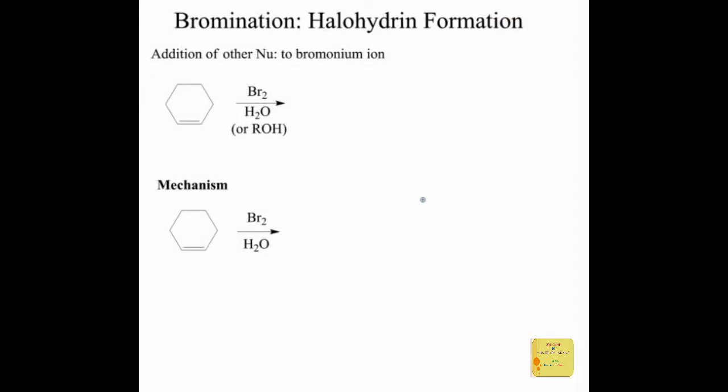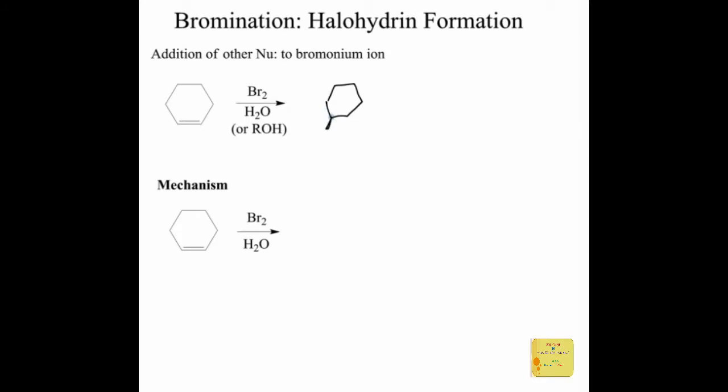Now it's possible to add more than just Br2 in this fashion. We can have other nucleophiles add to the bromonium ion in something that's known as forming a halohydrin. And the example here would be as if we had an alkene reacting with not just bromine, but bromine in water, or maybe bromine in an alcohol. Okay, what happens in that case? Well, we form the bromonium ion, but instead of the Br- attacking it, it's the water that's going to attack it.